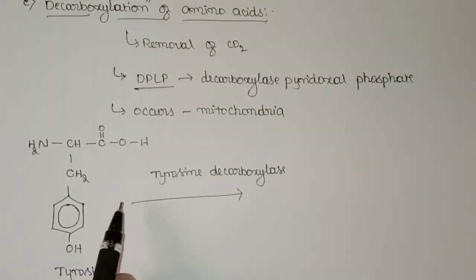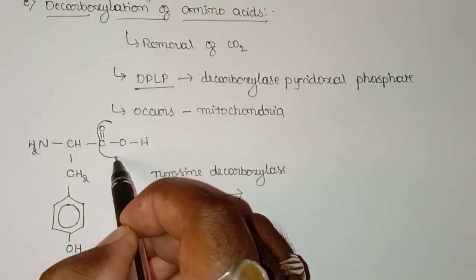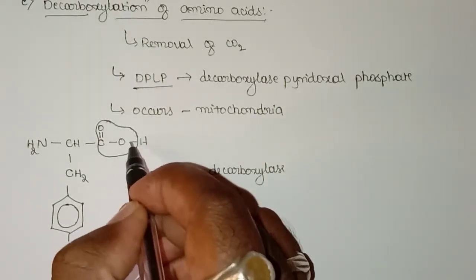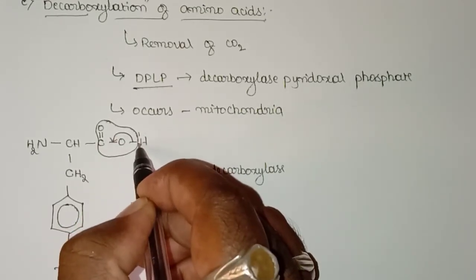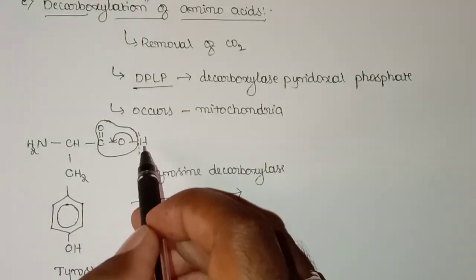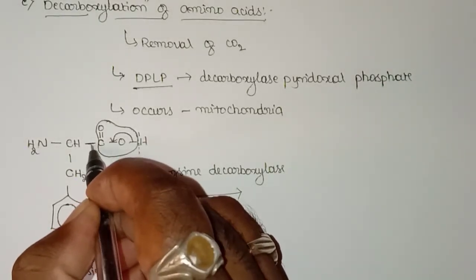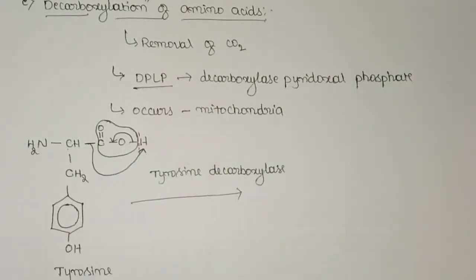Now the carbon dioxide, COO, this whole group will be eliminated. The bond pairs shift, so the bond breaks between oxygen and hydrogen. This hydrogen is in need of electrons, so the bond pair is donated to it, and CH will become CH2.